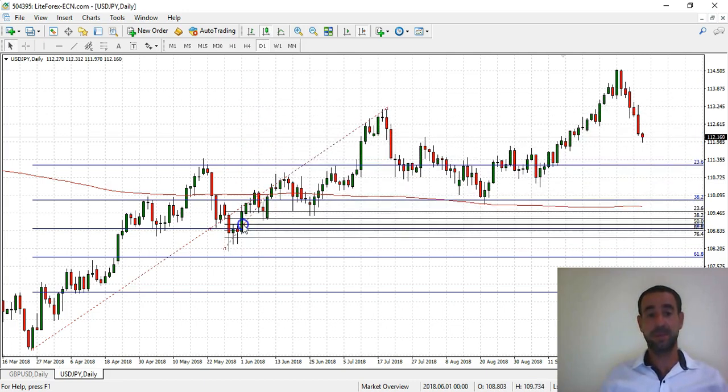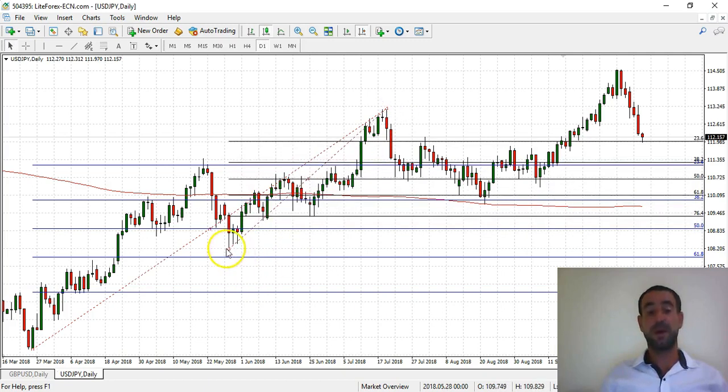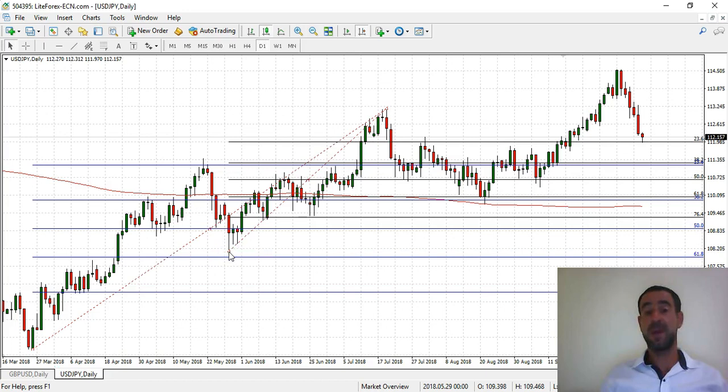The last segment was this one. And I always do that. Whenever I see a correction, in this case a downside correction, but it could easily be an upside correction, the other way around.